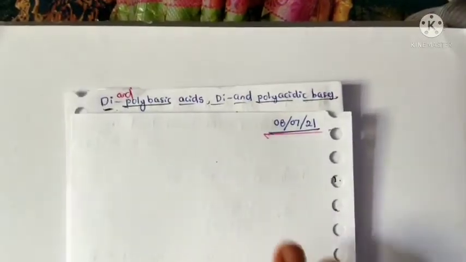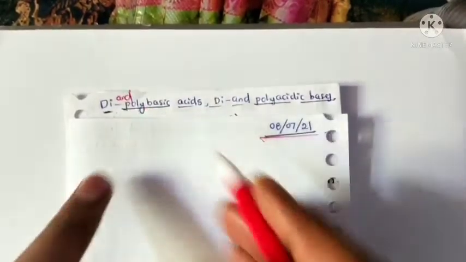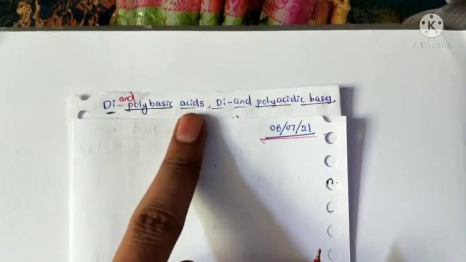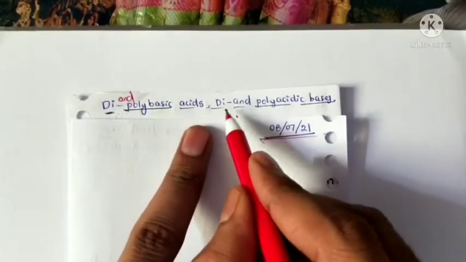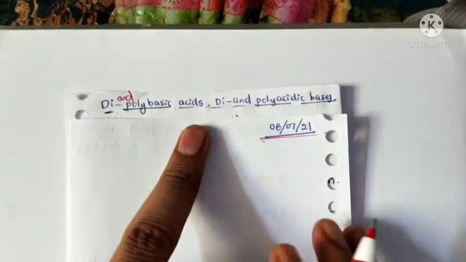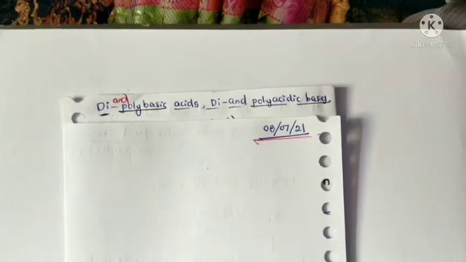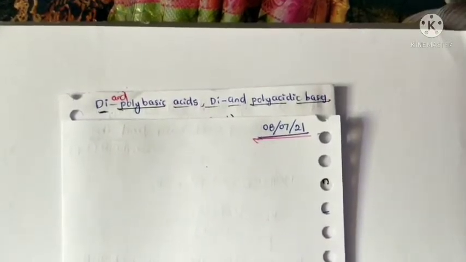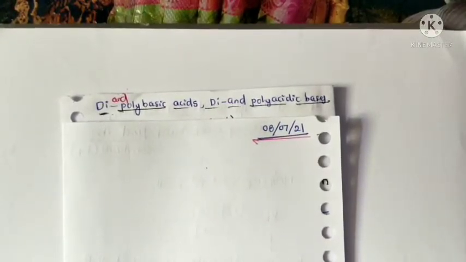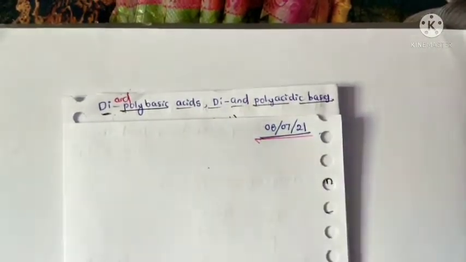So the next topic is di and polybasic acids and di and polyacidic bases. Poly means more than two. Generally single means mono, double means di, and if there are three, we can say poly.